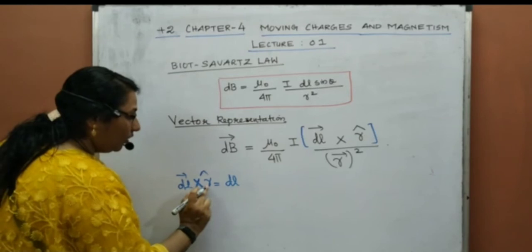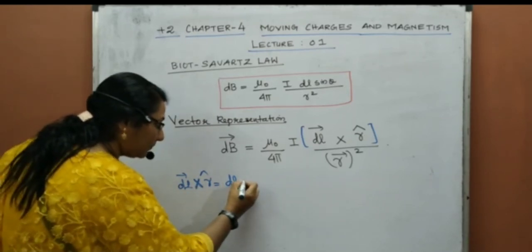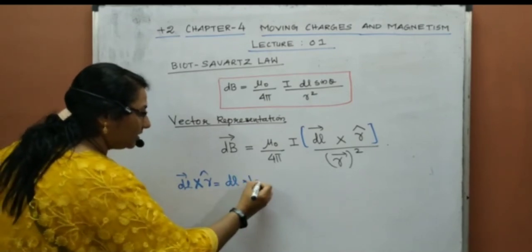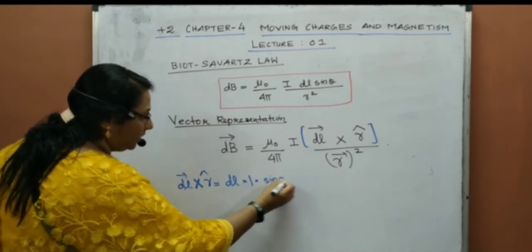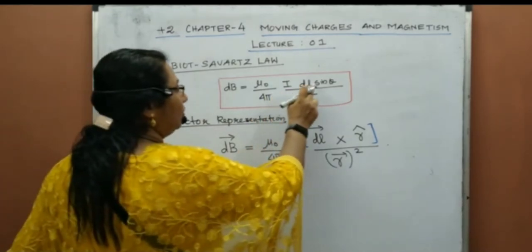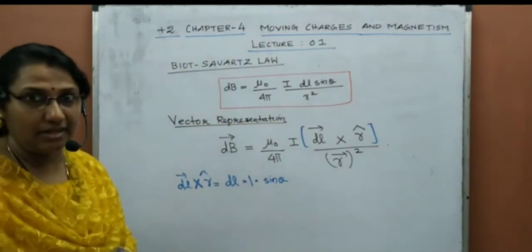dl cross r cap is equal to dl into, this is into, not cross, whereas this is cross, dl into, what is the unit vector r cap? It is 1. So, into 1. Cross product means sin theta. So, dl into 1 into sin theta. Again, it becomes dl sin theta. Correct?